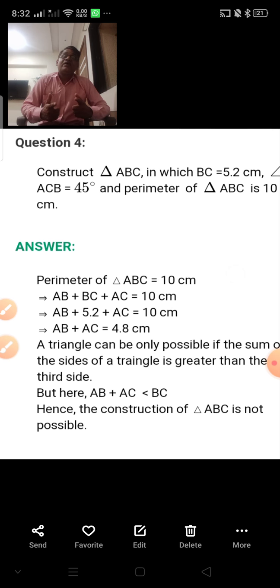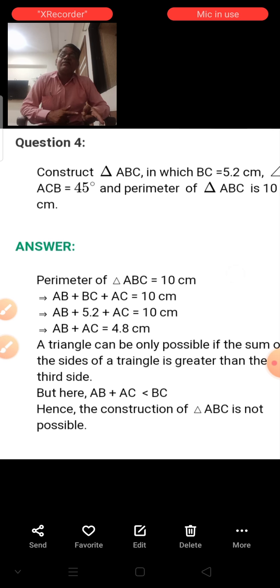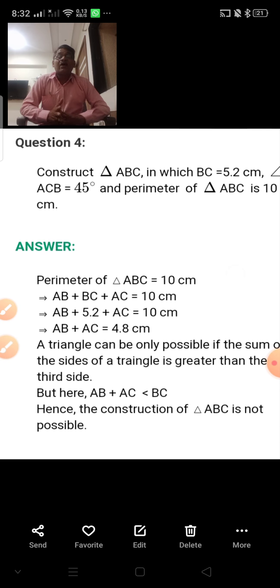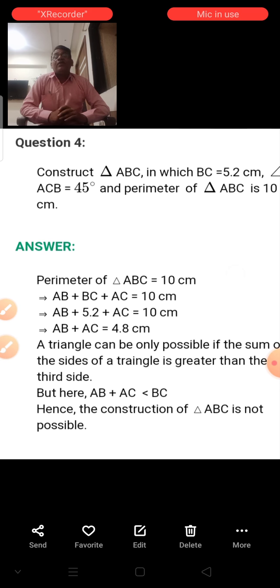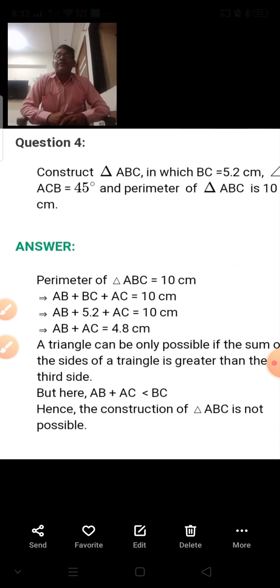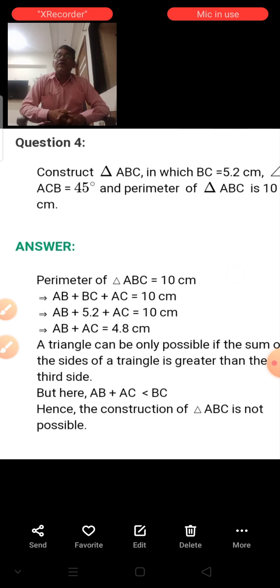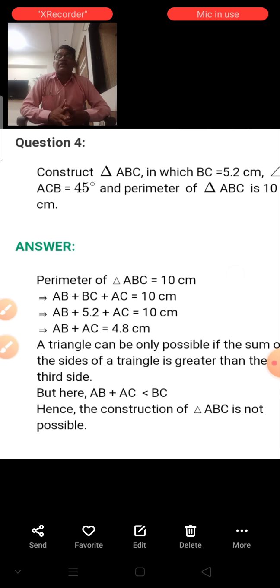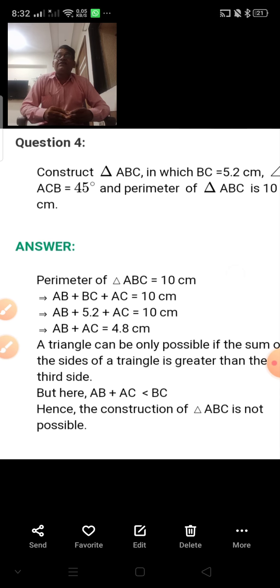See here, the perimeter of ABC is given, means the addition of all sides is given, not the other two sides. The perimeter of triangle ABC is 10 centimeter. It means AB plus BC plus AC is equal to 10 centimeter. Now here BC is already given, 5.2 plus AB plus AC is equal to 10 centimeter. Here AB plus AC is equal to 4.8 centimeter.